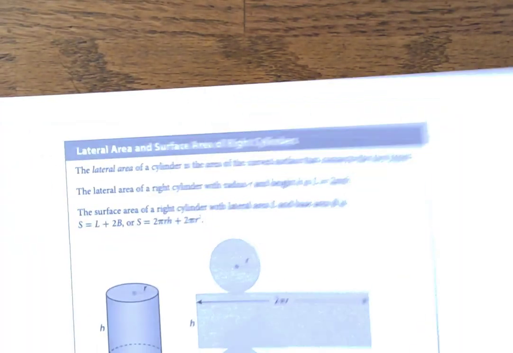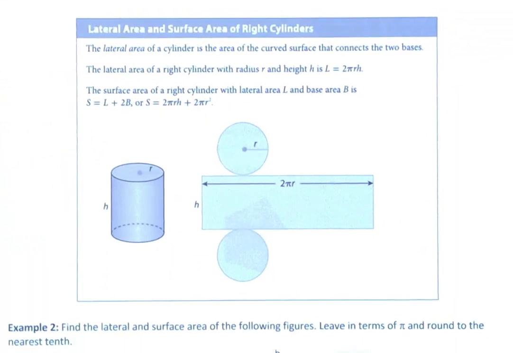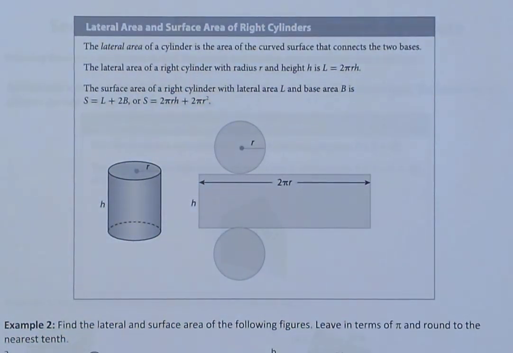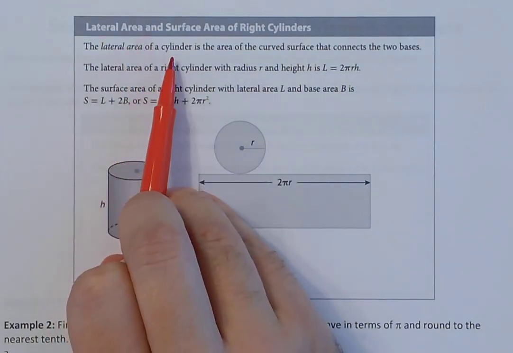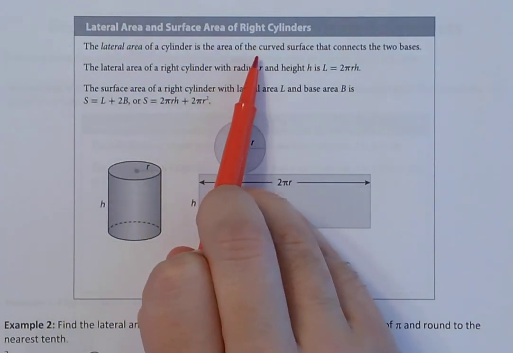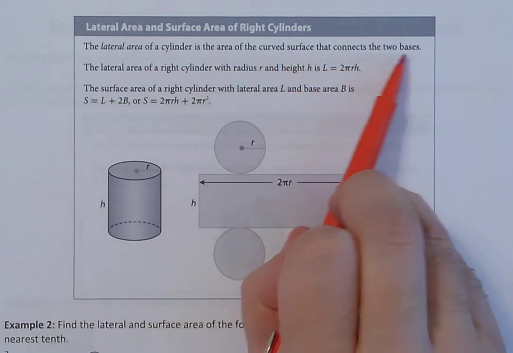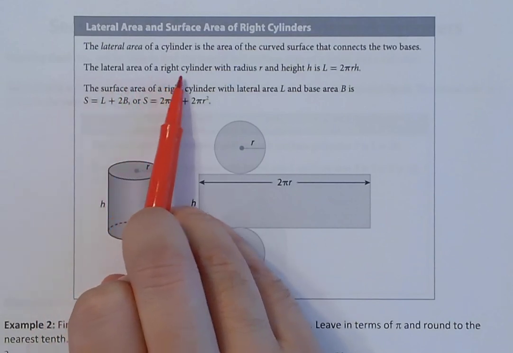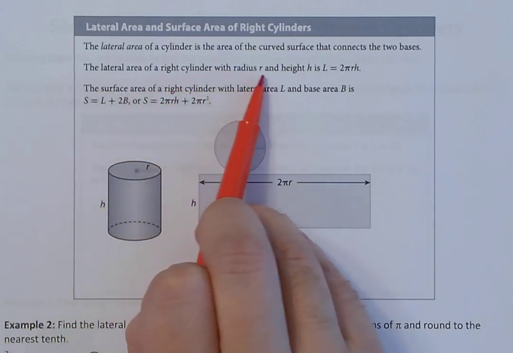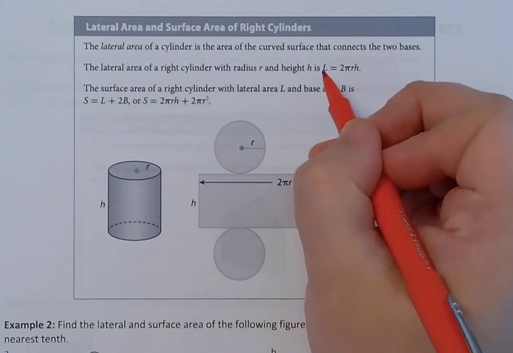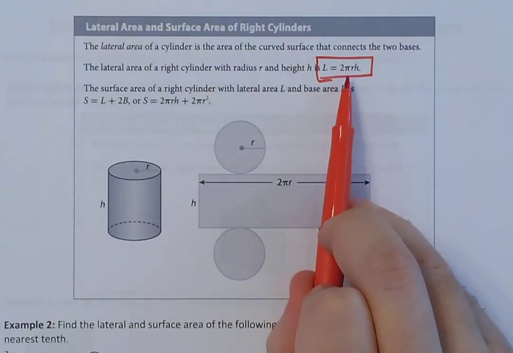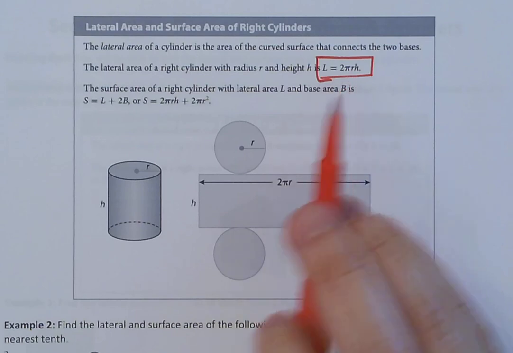The next thing we want to talk about is lateral and surface area of cylinders. So, the lateral area of a cylinder is the area of the curved surface that connects the two bases. Now, the lateral area of a cylinder with radius r and height h is L equals 2 pi r h.